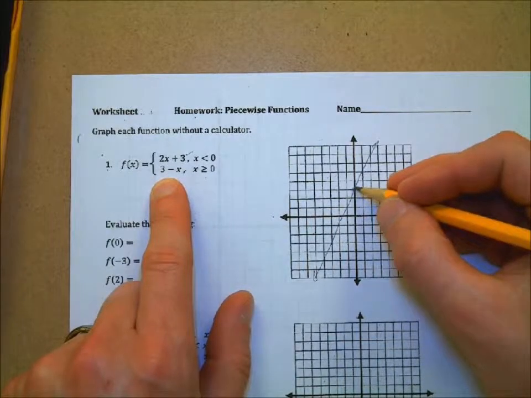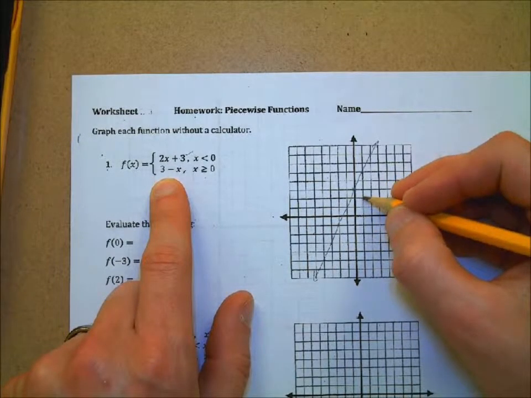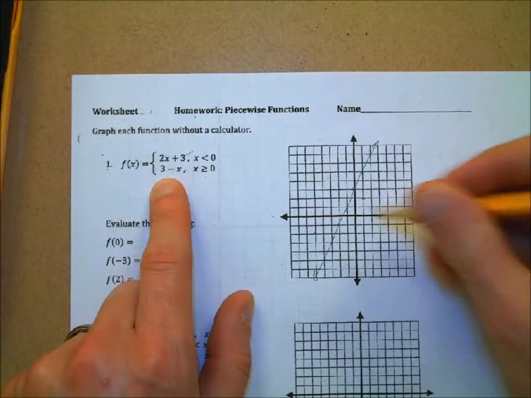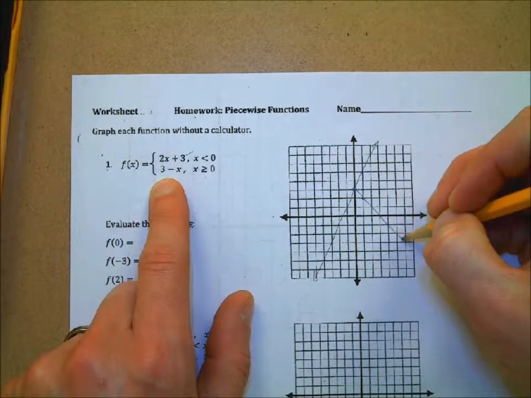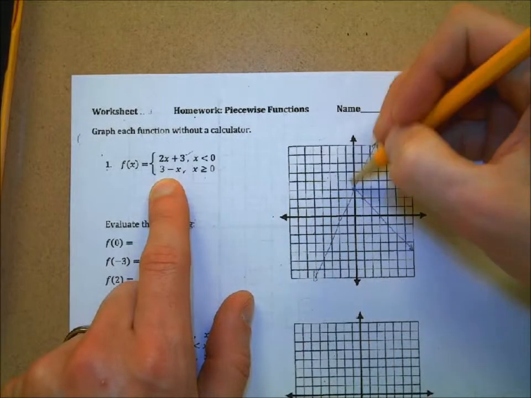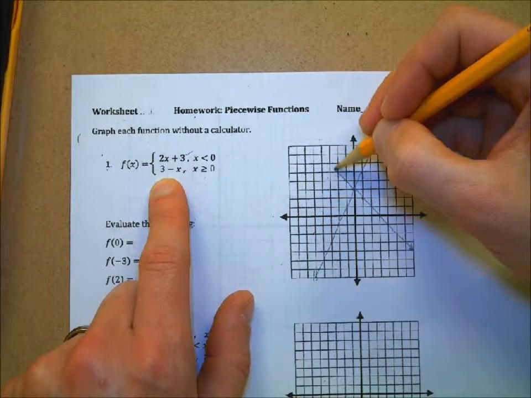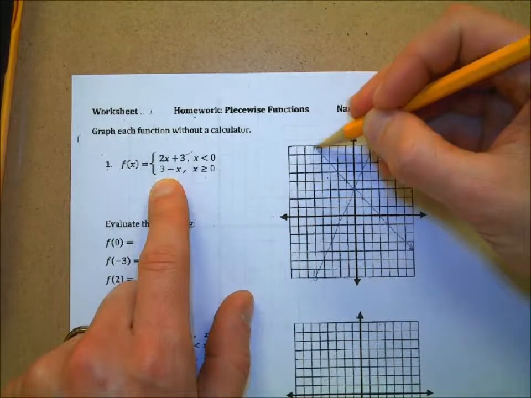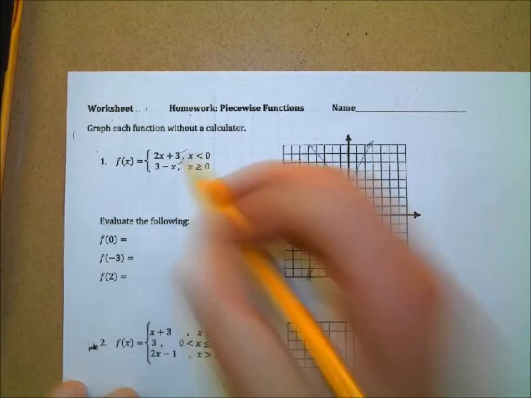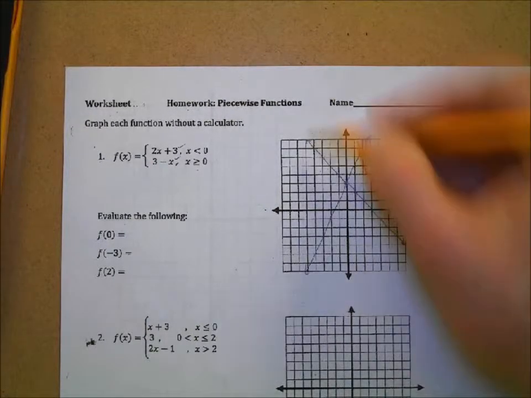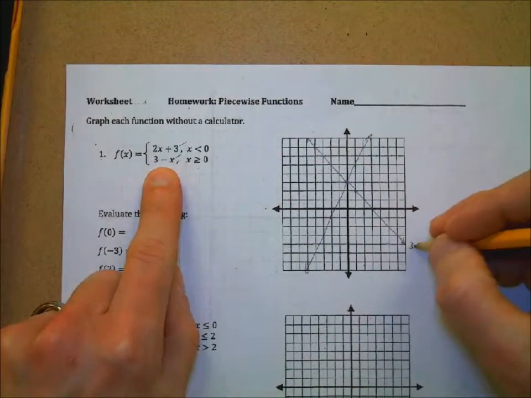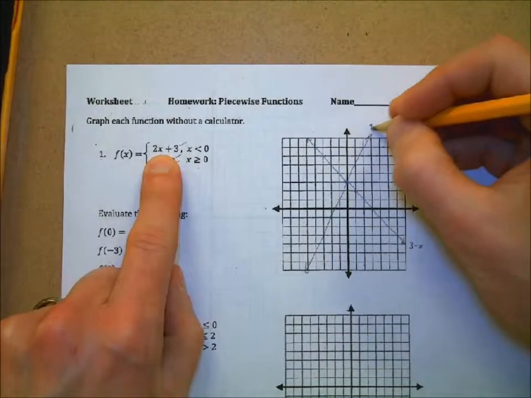Down 1, right 1, right? And again, up 1, left 1. Down 1, left 1 for this second line right here. This is 3 minus x. This is 2x plus 3.